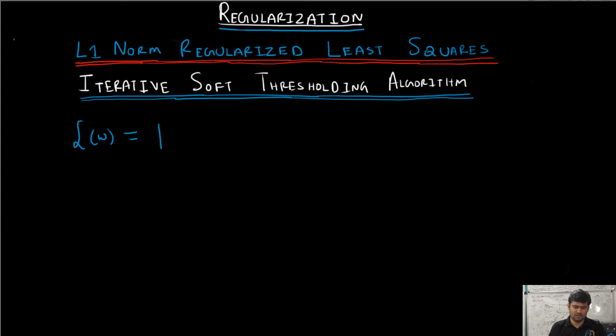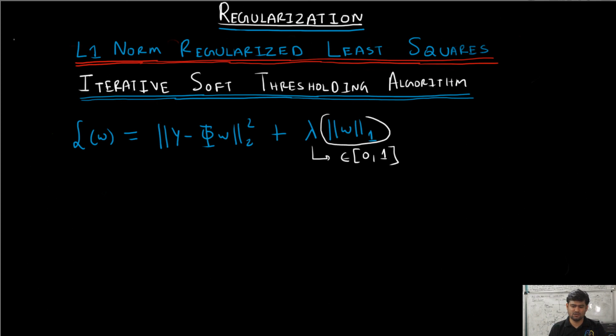Loss is equal to L2 norm of y minus phi times w squared plus lambda times L1 norm of the parameters w, where lambda is just some scalar between 0 and 1, where lambda gives a relative importance to the regularization term relative to the objective or the loss function over the data set.